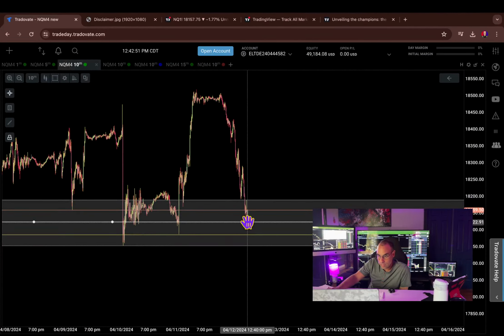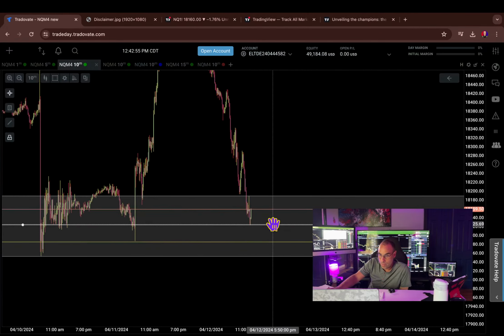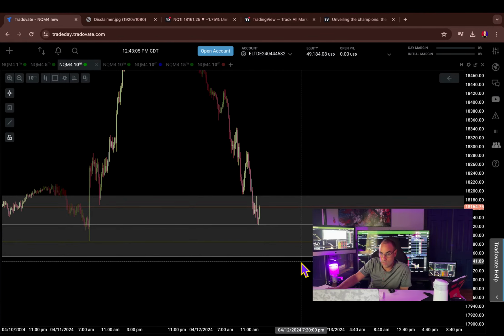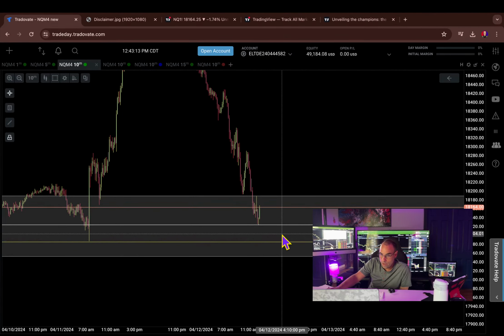You see that? Look at that area, giving us a huge tap. Let's see if this high holds. Wow. This area to me is very interesting. Within this line, very little risk.